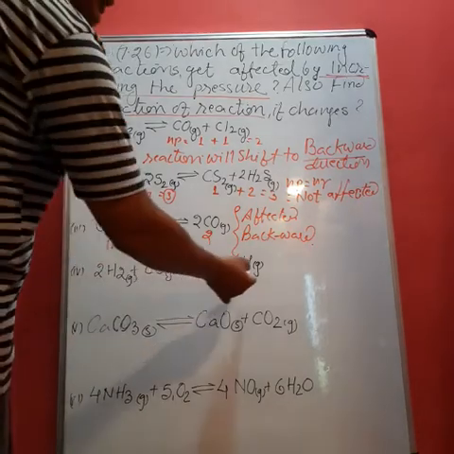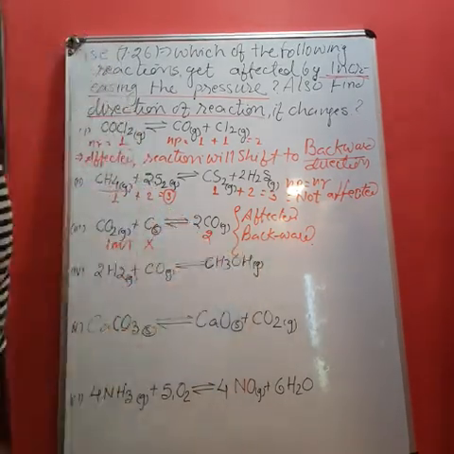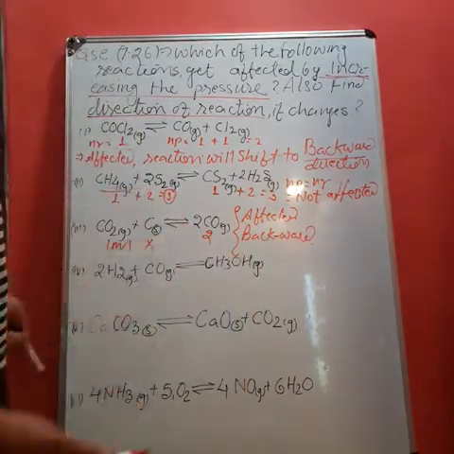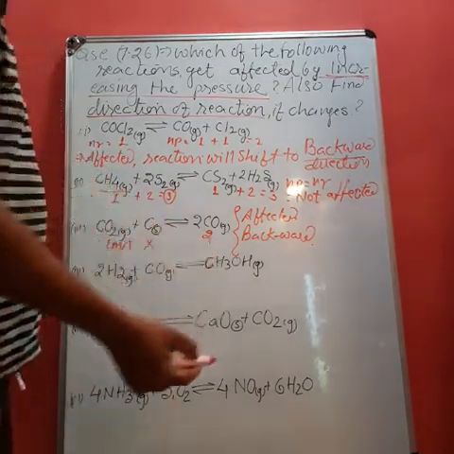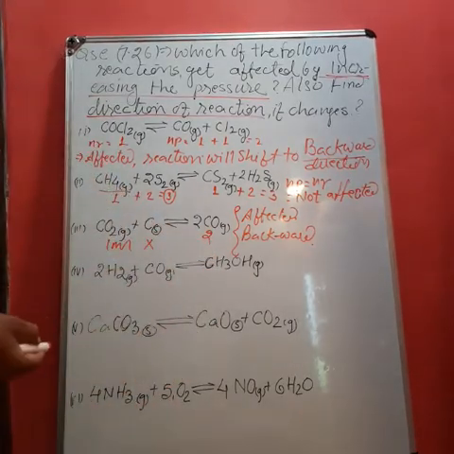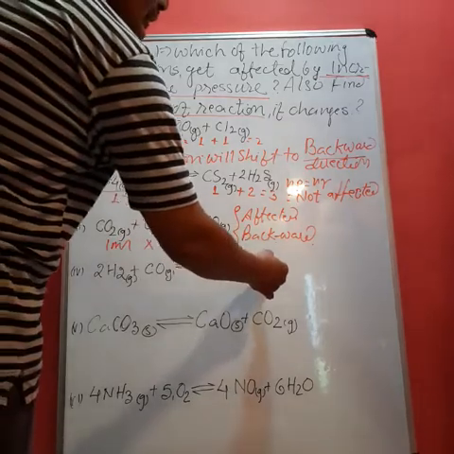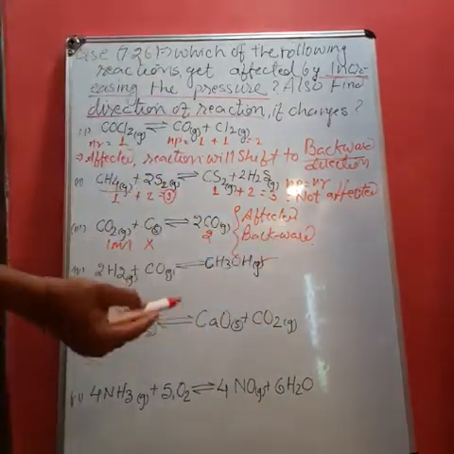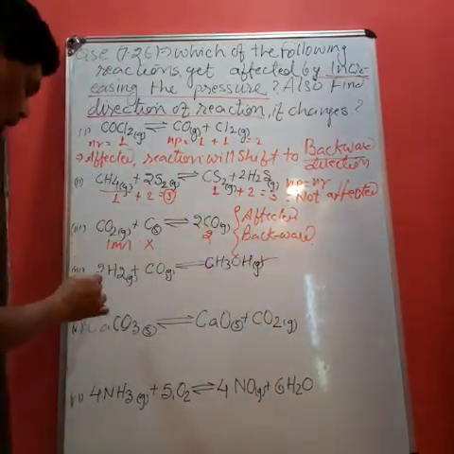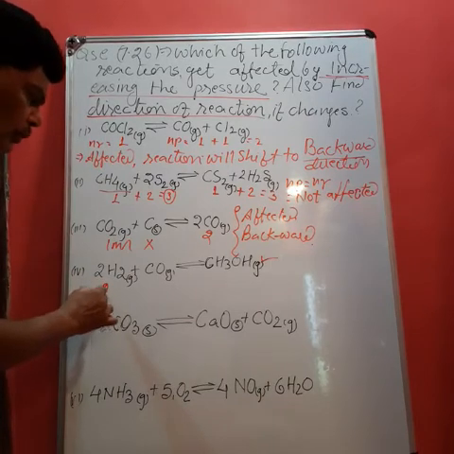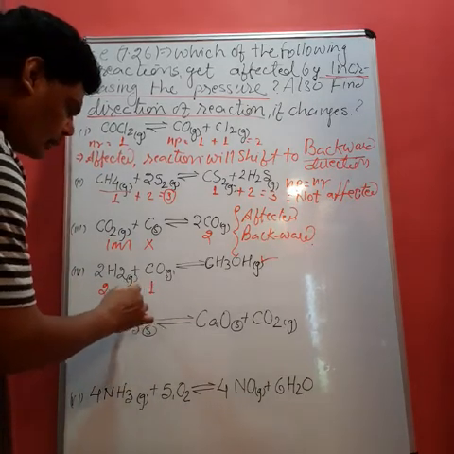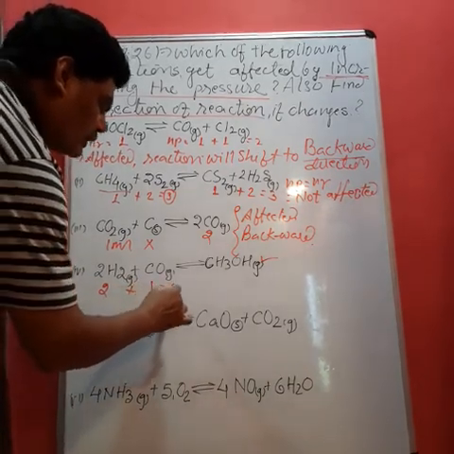Getting? Fourth reaction is 2H2 plus CO, carbon monoxide, gives methanol. Again it is in gaseous form. But from your knowledge you know that methanol is in the liquid state. But no, you have to consider according to the state given in the question. So now the number of moles are how many? 2 moles. Here how many? 1 mole. So 2 plus 1 is equal to 3 moles.